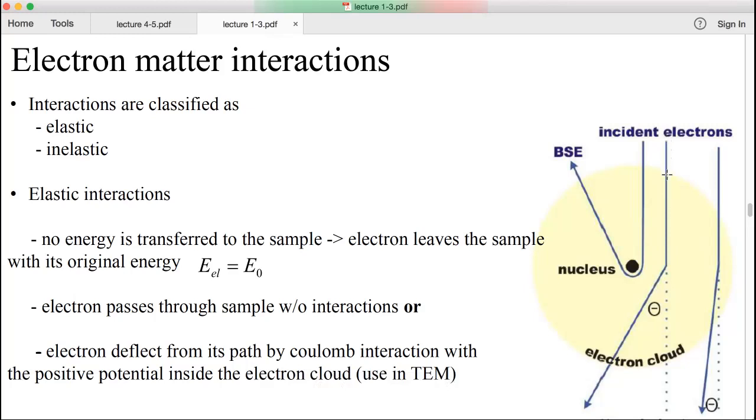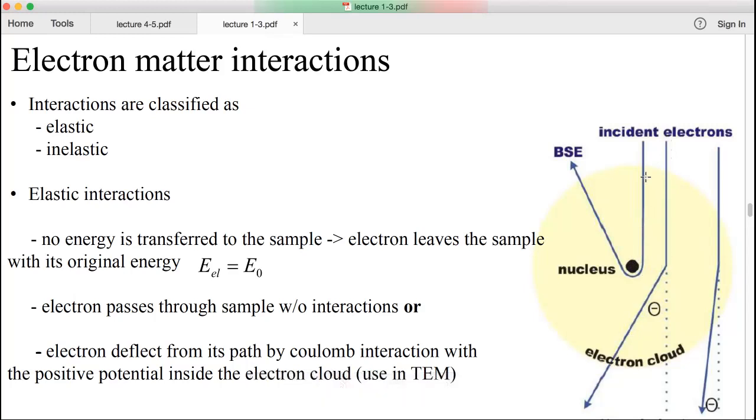There's another incident electron which goes very close to the nucleus. So the attraction is stronger because the separation between the nucleus and the incident electron is lower compared to the other scenario. So the bending is higher, right? So it will deviate more.